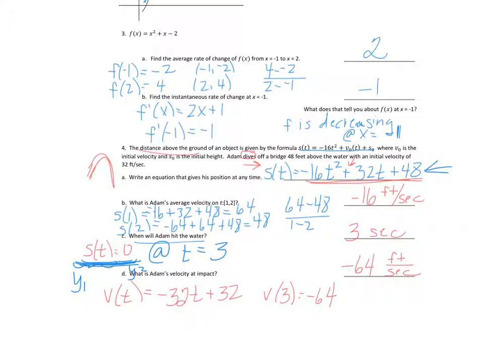If you've named the equation, you don't have to rewrite the equation. And so get in the habit of writing and using the name for your work. So if you're using a calculator and you do an intersect, you have to write down the equation the calculator is solving, but that's all you have to write down. S of t equals 0 at t equals 3.